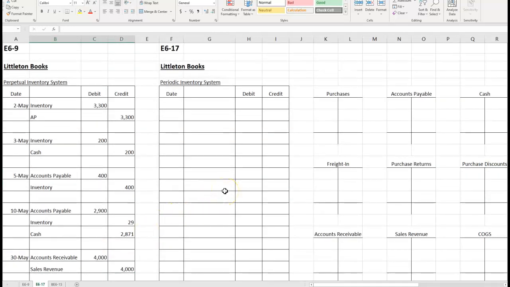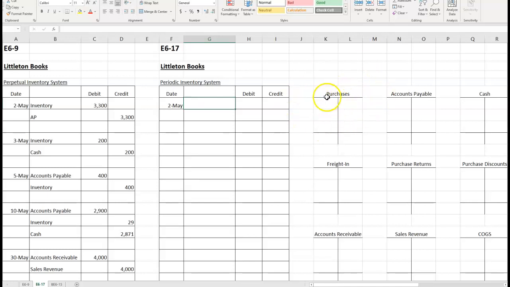So now let's do the same entries in a periodic inventory system. This is where we wait until the end of the period to record everything. So on May 2nd, when we purchased that inventory on account, we at the time debited inventory and credited accounts payable.